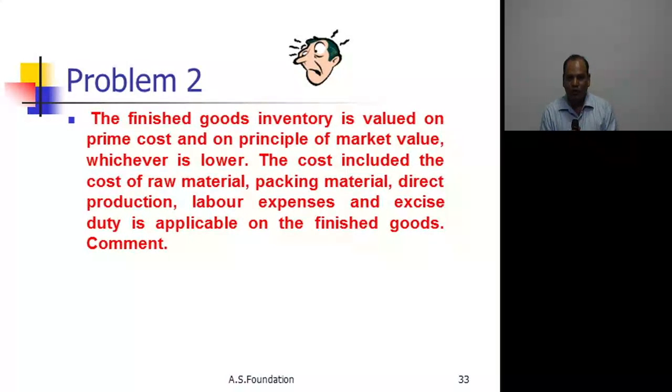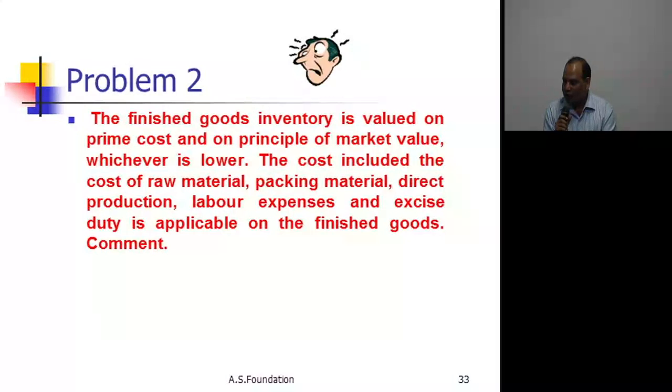This answer you can give even better if you have studied AS2. Since you are in IPCC, somewhere before that you have studied AS2 inventory valuation. So identify what is the mistake in this accounting policy. Accounting standard 2 says inventory should be valued at prime cost plus production overhead.